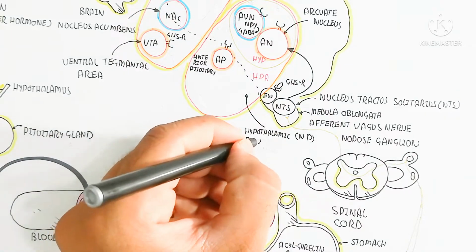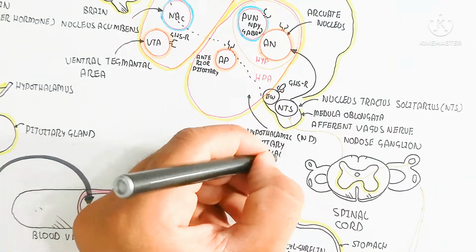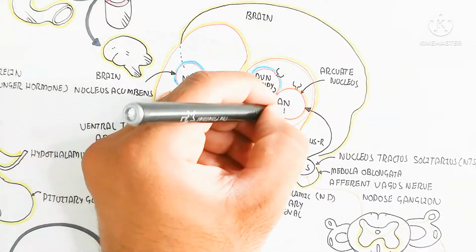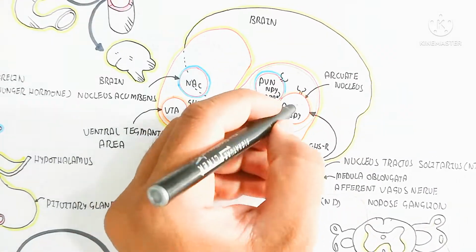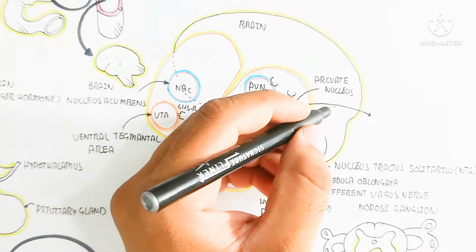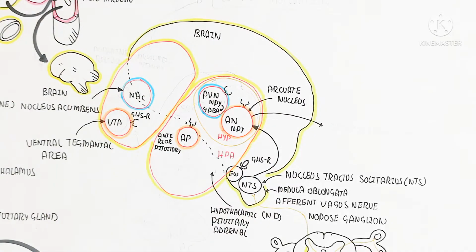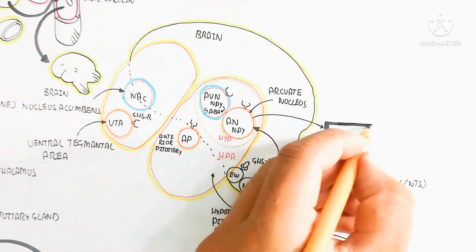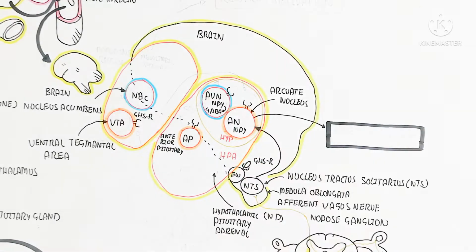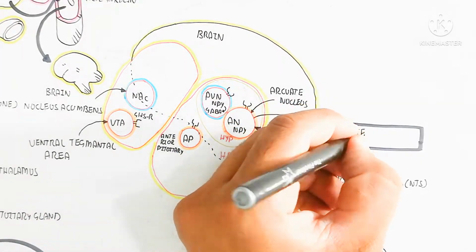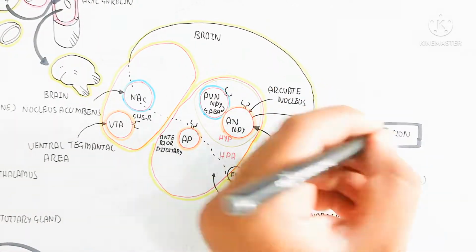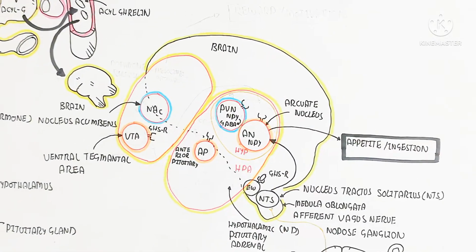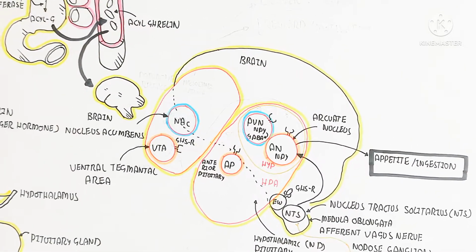This NTS is basically in the medulla oblongata. After going into the nucleus tractus solitarius, it will target the AN, the arcuate nucleus, which will release neuropeptide Y, and after this neuropeptide Y, it will trigger the appetite and ingestion if food is present.